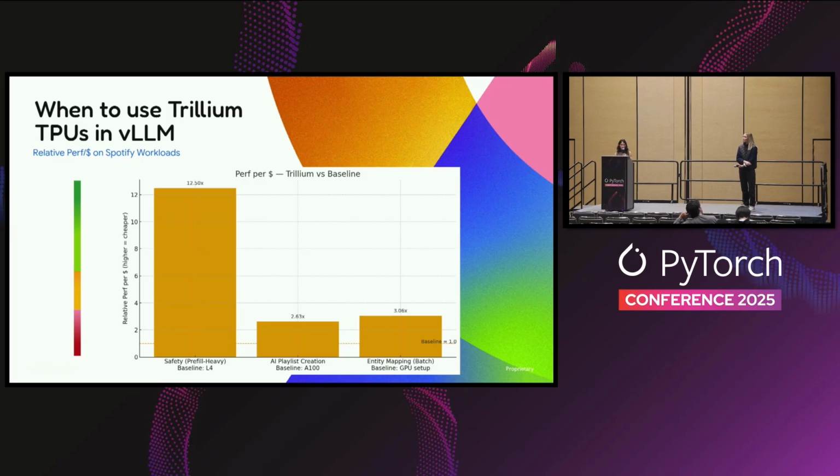So a rule of thumb: if a workload has a long input and short output, then Trillium tends to excel. But as the decode length or your output length grows, H100s can potentially catch up and even win due to that HBM bandwidth limitation of TPUs, or of Trillium.